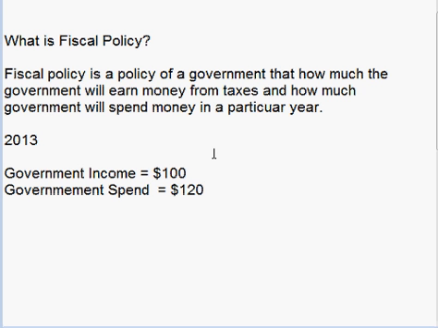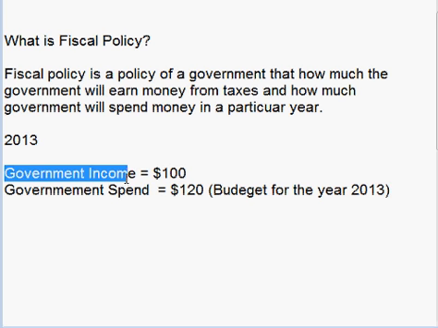So that is the government spending target, or I can call it the budget for the year 2013, to spend money in the economy for one year.